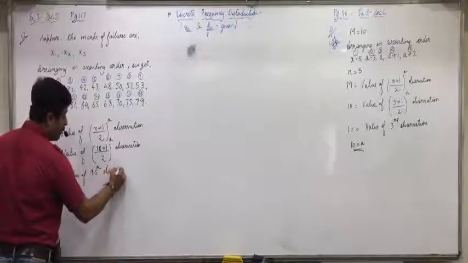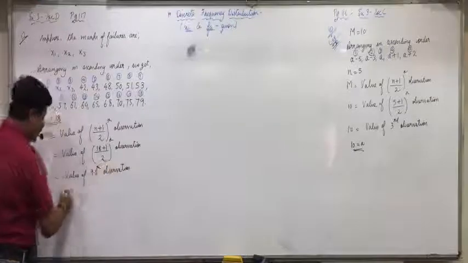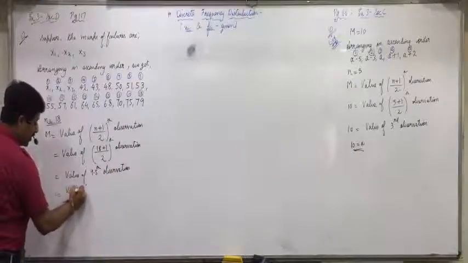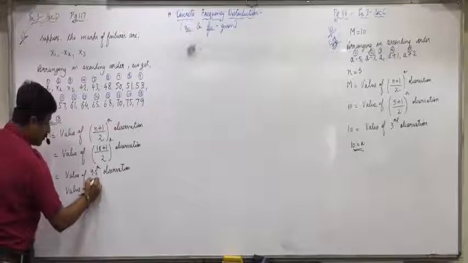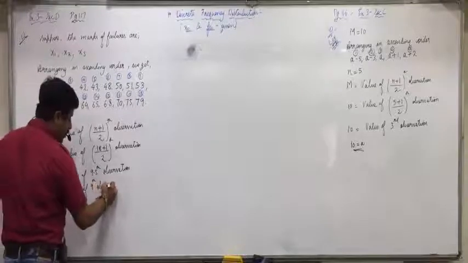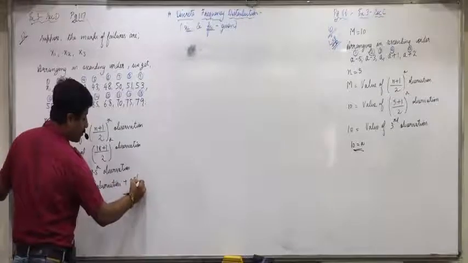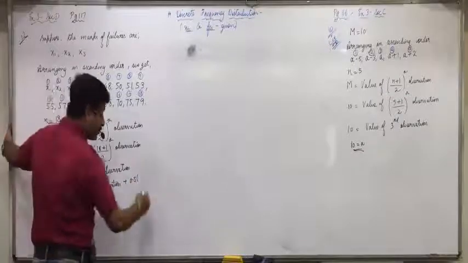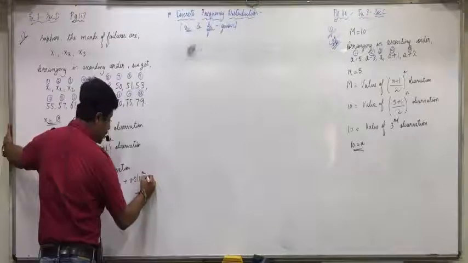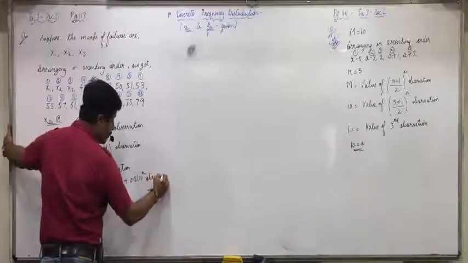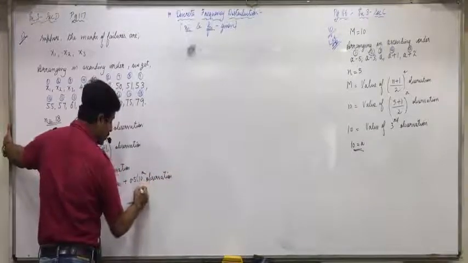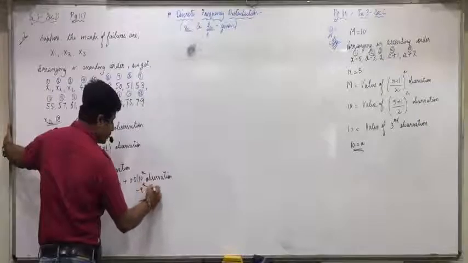Now 9.5 means we'll have to split it in two parts. Value of 9th observation plus 0.5 (in brackets, 0.5) times the 10th observation minus the 9th observation.